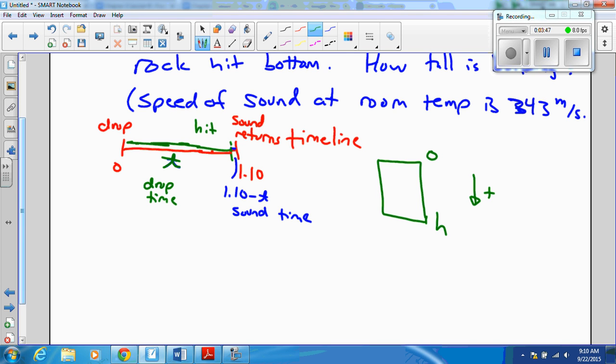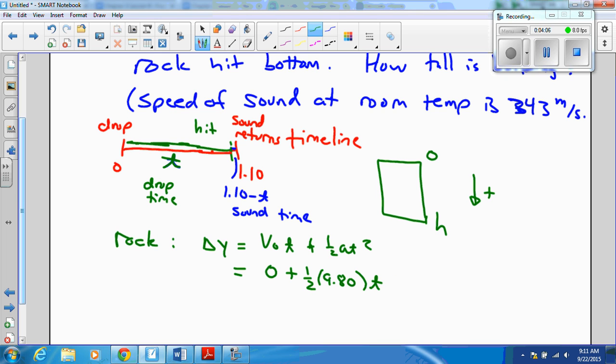And the distance that the rock drops is going to be delta y equals v0 t plus 1/2 a t squared, which is equal to 0 plus, and here I'm going to use 9.80 because I need 3 significant digits of precision.